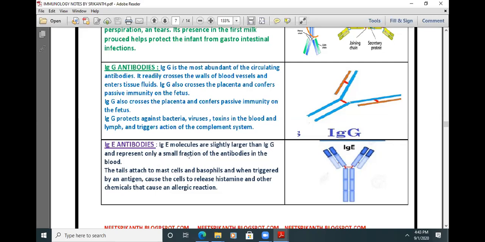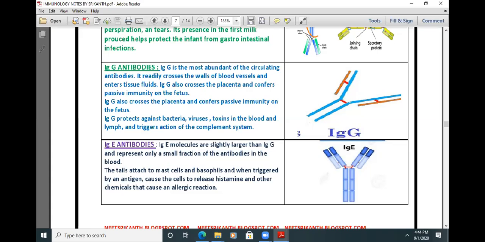Finally, IgE is slightly larger than IgG and represents only a small fraction of the antibodies in the blood. Its tails attach to mast cells and basophils.